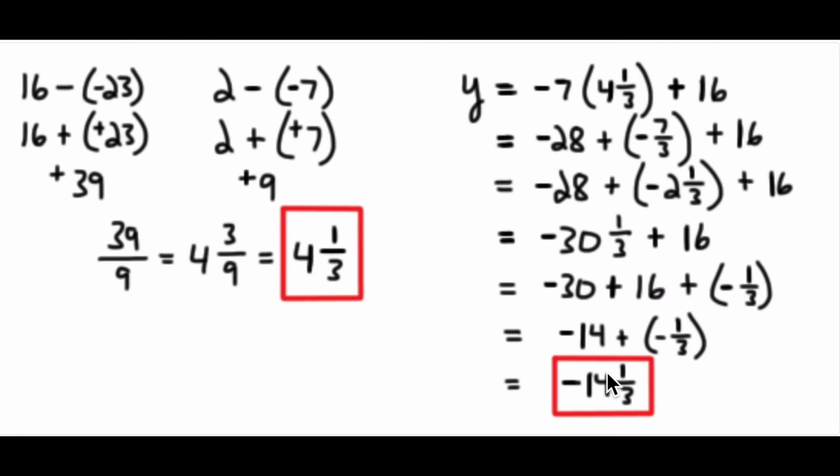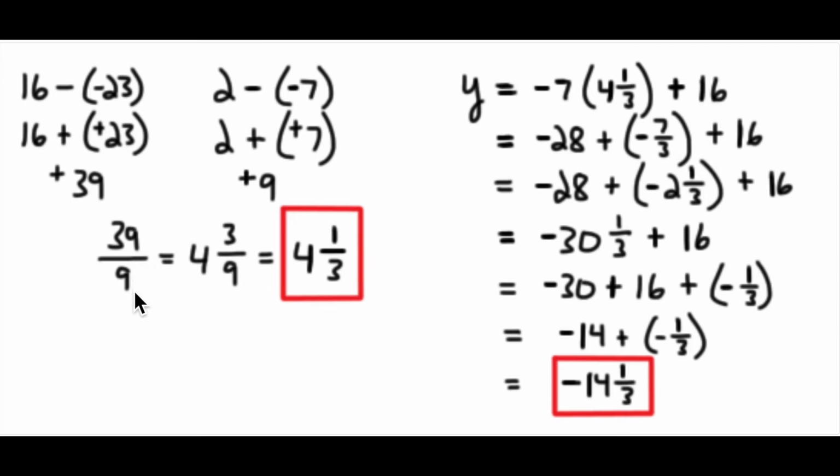How many times can I take out 9 units from 39? 39 is the difference in the y-intercepts. 9 is how many units I'm going to take out for each unit along the x-axis. So how many units of y am I going to remove from 39 for each unit along the x-axis? And it's going to take me 4 3/9 times to close that gap completely.